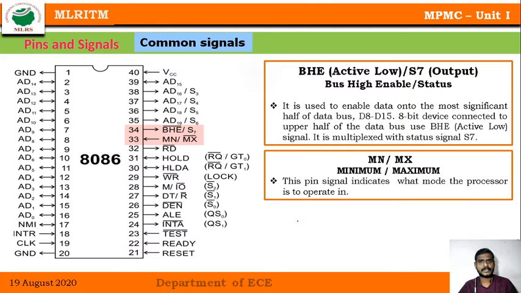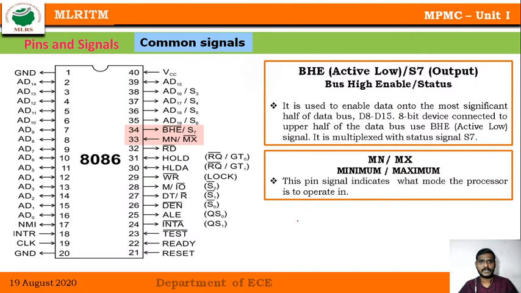An 8-bit device connected to the upper half of the data bus uses the BHE signal, which is active low and multiplexed with the status signal S7. Whenever this pin goes low, it indicates that the higher order data bus D8 to D15 is transmitting some data. Otherwise, it is used for status operation.